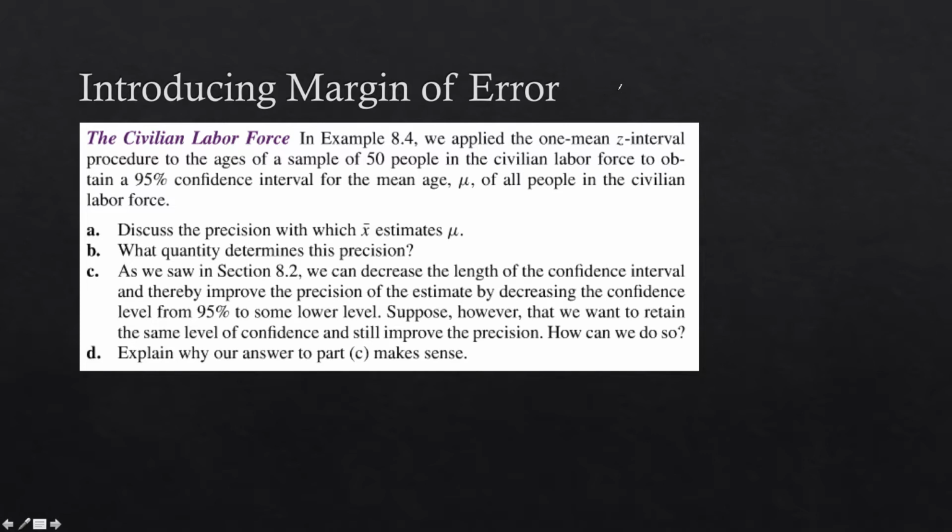that particular problem. We learned that the confidence interval was represented by this formula here, the sample mean minus z sub alpha divided by 2 times our standard deviation over the square root of n, to the sample mean plus z sub alpha divided by 2 times the standard deviation divided by the square root of n.